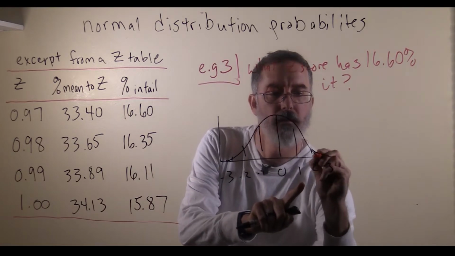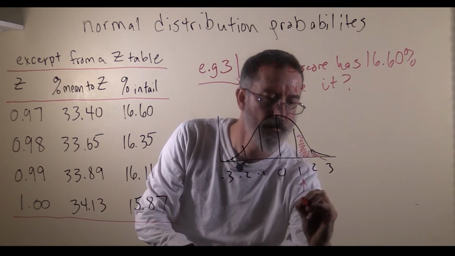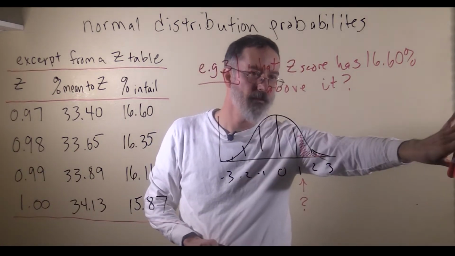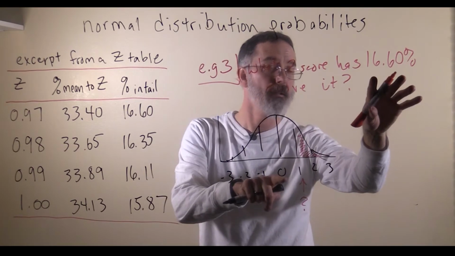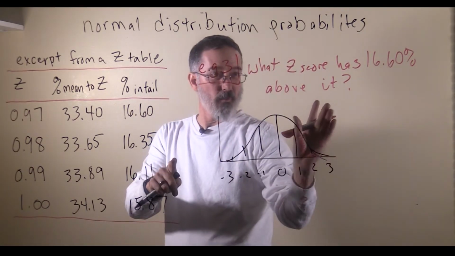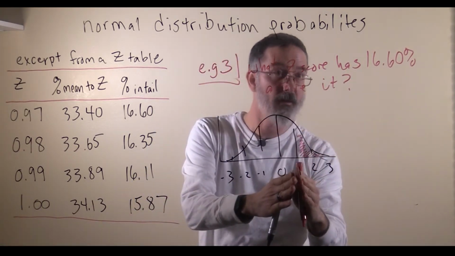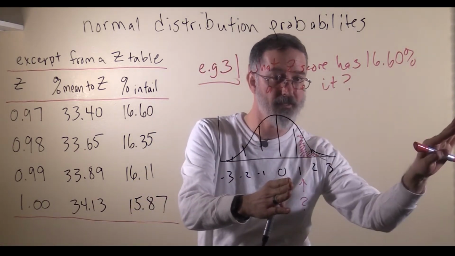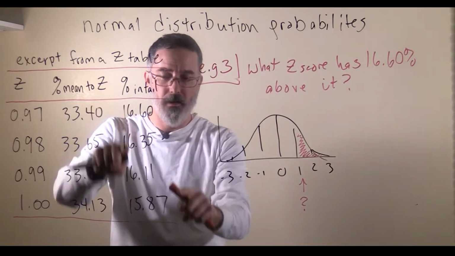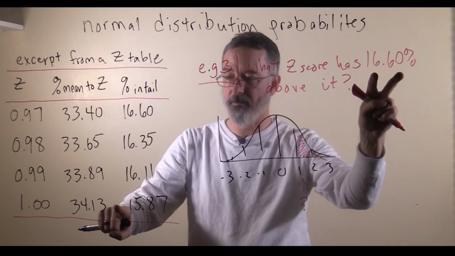So it's going to be something like this, but we don't actually know what the z-score is. But we want 16.6% to be above it. So the easiest way to do this kind of problem, since we're looking for above or more extreme in the tail than that z-score, is to use this column here, percent in the tail. And then we can look through here until we find the percent that's closest to it.